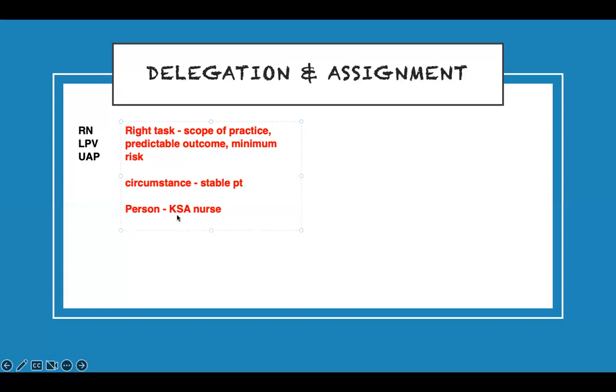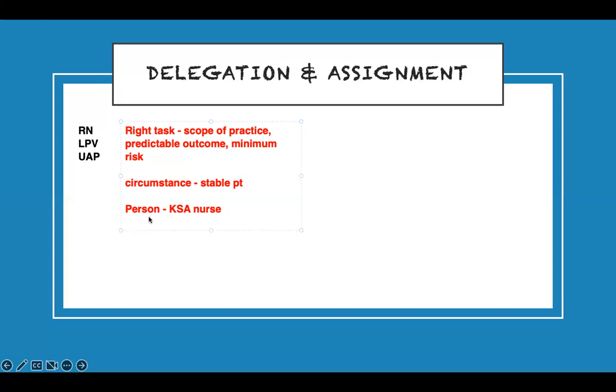You get a license as a nurse, but you may not know how to titrate a PCA. That's where you learn the knowledge and skill. So we delegate to somebody who has the skills within their scope of practice. He's a nurse, so it's within his scope of practice to give a PCA, but he may not have the knowledge and skill because he has not done one on a patient before, or he has done it but is not confident.